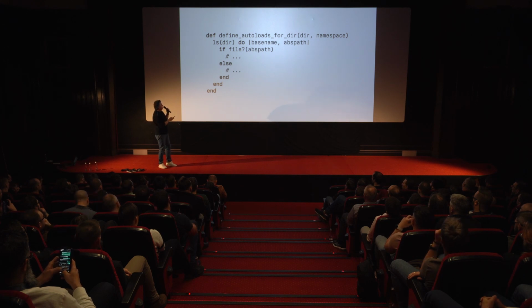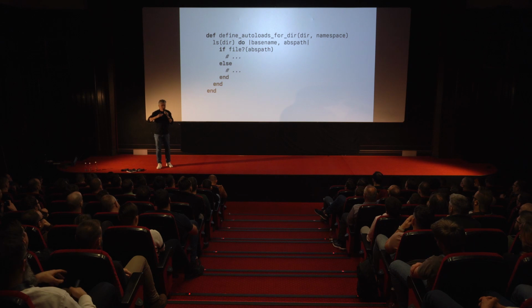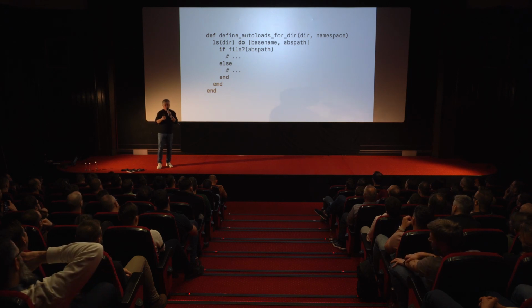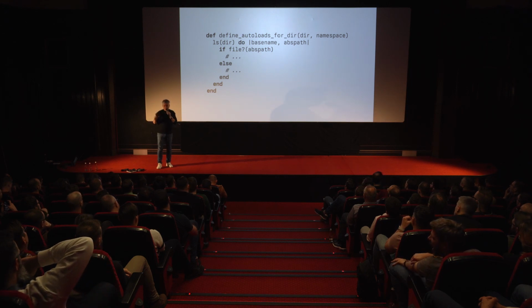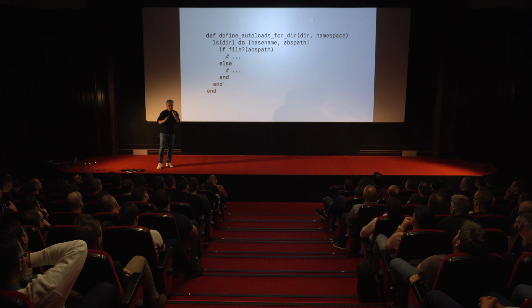All right, we're going to list the directory, and we have this ls utility that basically just yields Ruby files and directories. Anything else is ignored. There can be hidden files, there can be JavaScript files, I don't know.